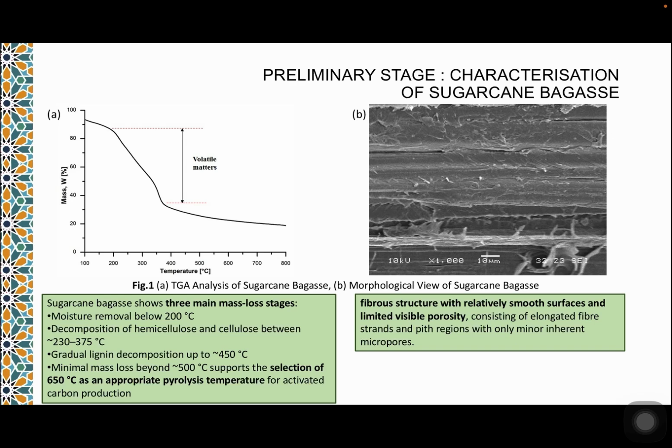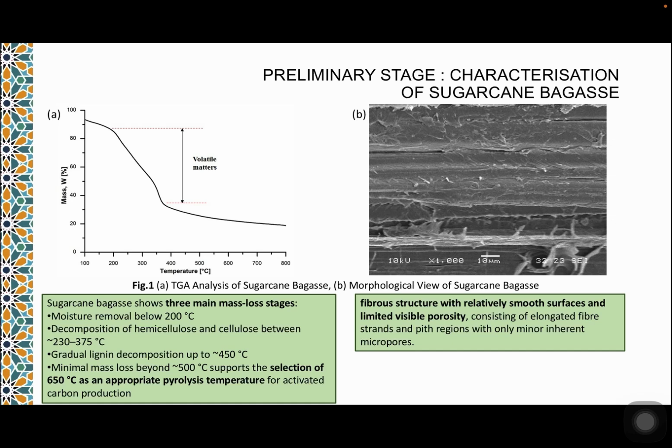Then the gradual lignin decomposition happens up to approximately 450 degrees Celsius, and we can observe minimal mass loss beyond approximately 500 degrees Celsius, which supports the selection of 650 degrees Celsius as a constant pyrolysis temperature for this work.